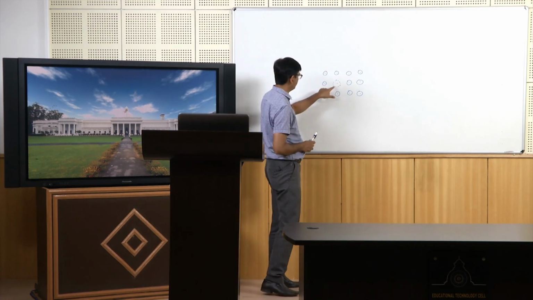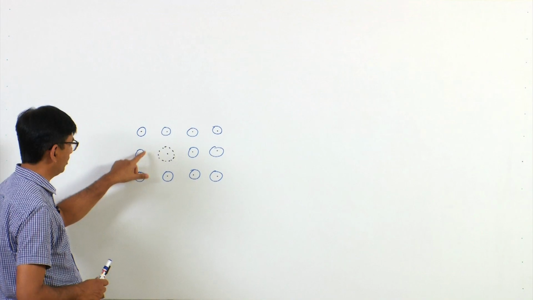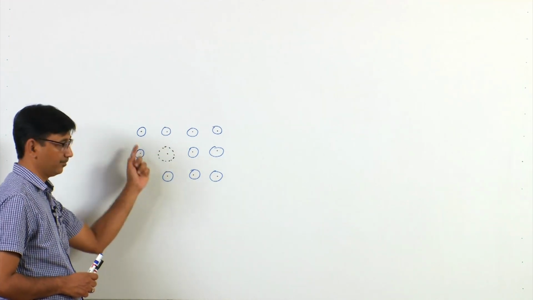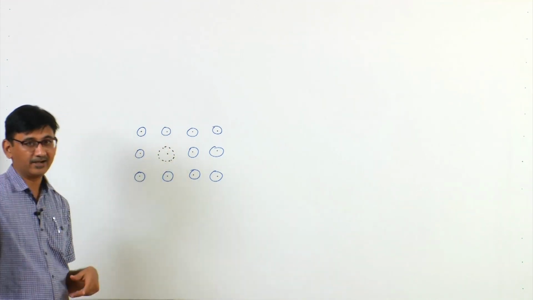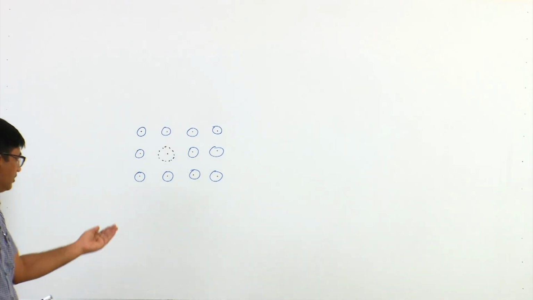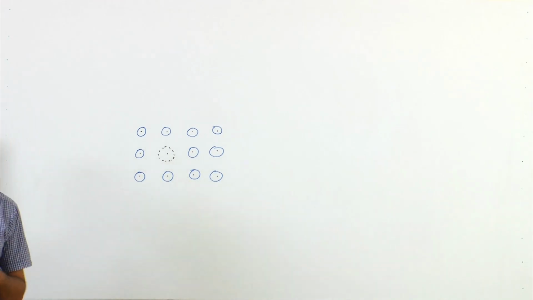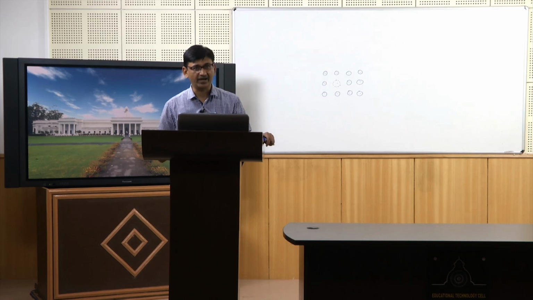So, this atom, for example, was having bonds with this one, this one, this one and this one. So, it broke all the bonds and came out of this lattice point, started roaming around, and left a vacancy behind.